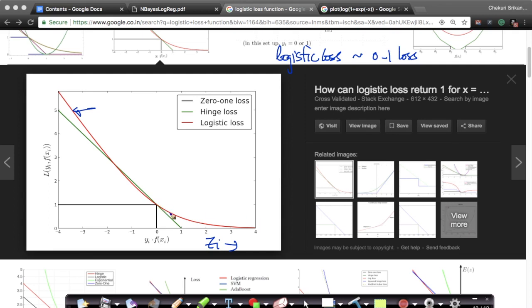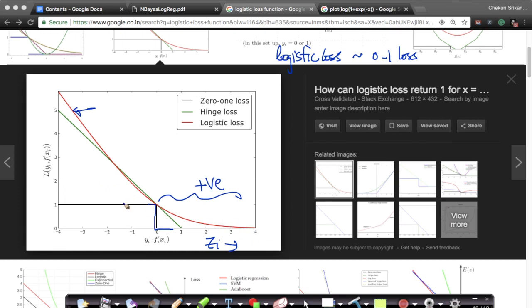Because this red line is not simply falling off like your 0, 1 loss. On the positive side, your logistic loss is not exactly equal to 0 for all zi greater than or equal to 0. As zi becomes more and more positive, it will quickly move towards 0.